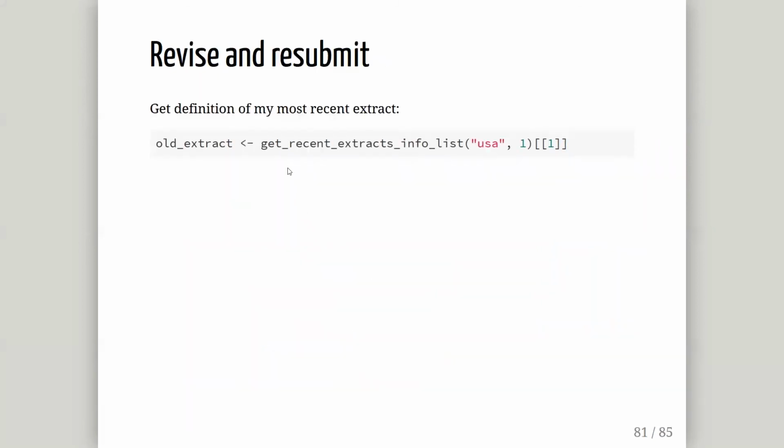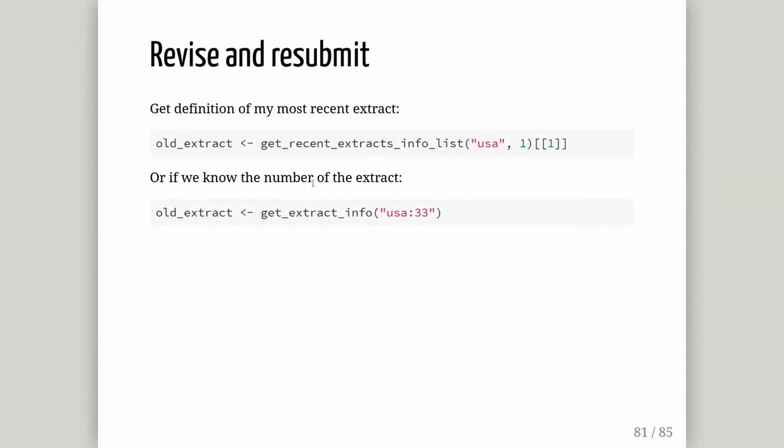Another workflow that might be of interest to people is getting the definition of your previous extract, revising it, and resubmitting it. So here you can get the definition of your most recent extract with this function, or if you know the extract number, you can use this shorthand that Greg Freedman Ellis actually suggested, which I really like, as a way to grab the definition for USA extract number 33.